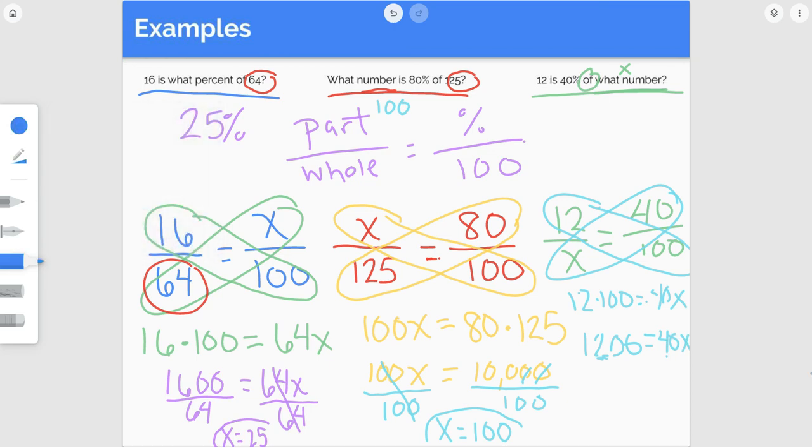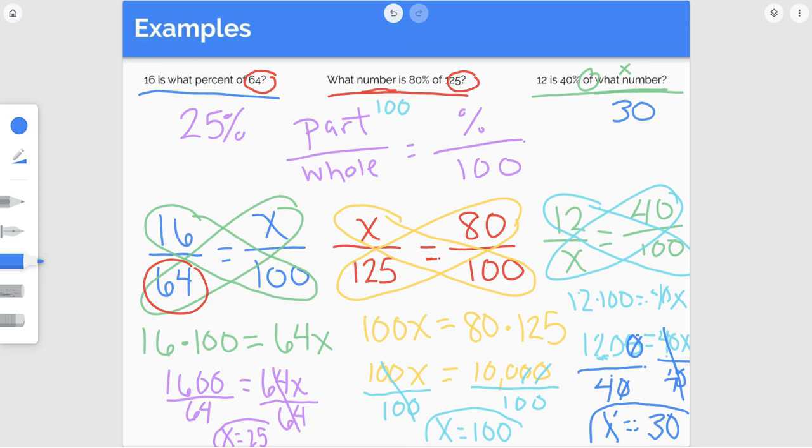I'm going to divide by 40 to get x on its own. Divide 1200 by 40. And I can cancel my zeros. I can type this in the calculator too if I would like to. And you are going to get x is equal to 30. So that means the whole here is going to be 30.